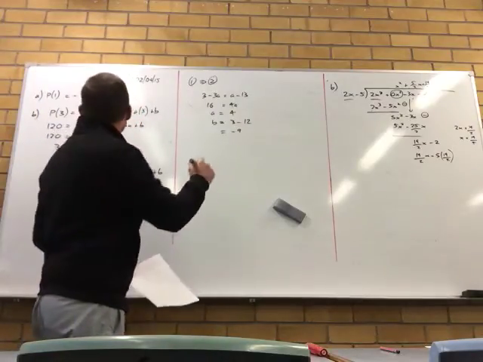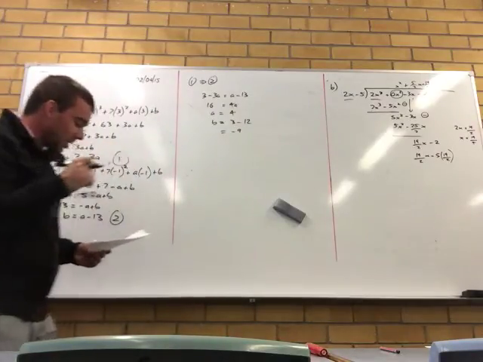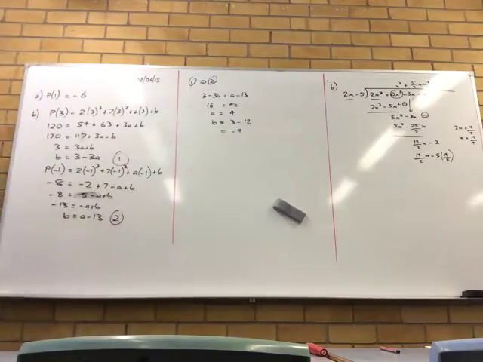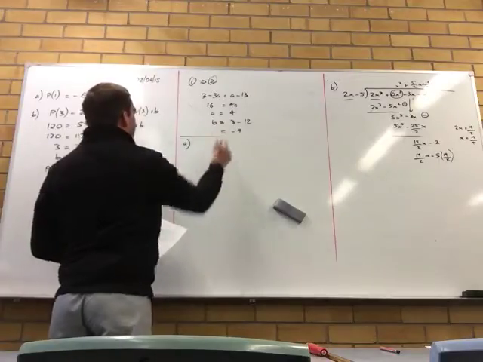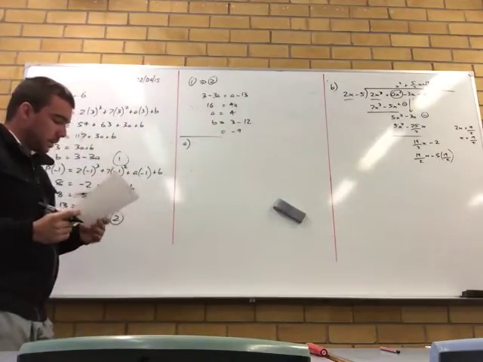Alright, factor theorem. So, polynomial P of x. The factor theorem is based on the remainder theorem. If P of a equals 0, then x take away a is a factor of that polynomial, and vice versa. If x take away a is a factor, then P of a is 0. Example: show that x plus 2 is a factor of that polynomial. What do I need to do?